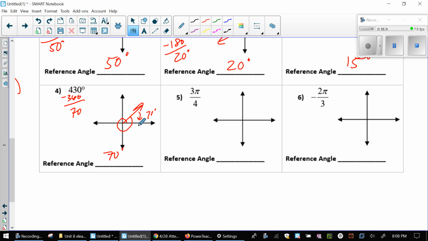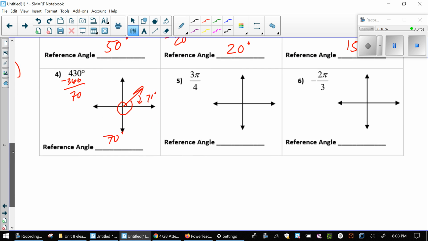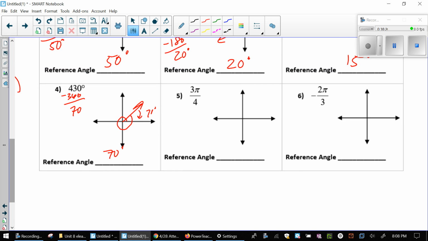Okay? All right, now as you guys do radians, I know that you find this a little bit trickier. Okay? Label your axes with your radians. So remember, 3 pi over 4. 4 pi over 4 is right here. Okay? So this is 2 pi over 4. And this is going to be 6 pi over 4.